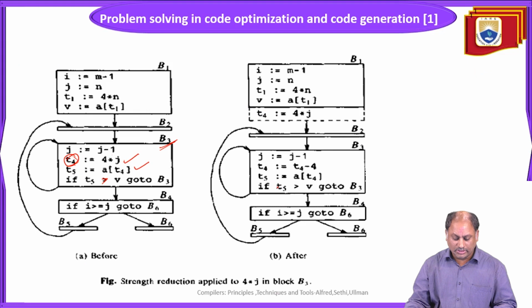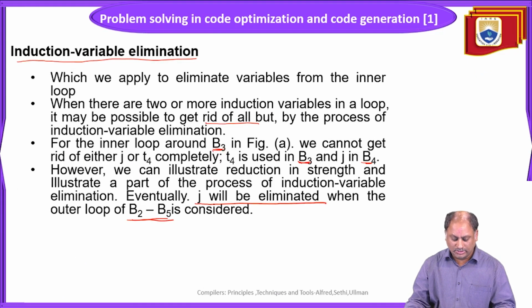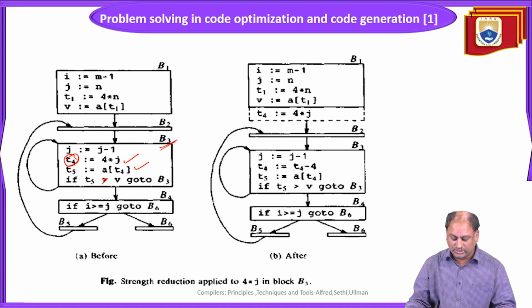So B3 to B2 to B5, J is what we are going to eliminate. So here J equal to J minus 1 has to be rewritten, T4 equal to T4 minus 4, T5 equal to A of T4, if T5 greater than V, go to B3. The rest is the same as this, if I greater than or equal to 0.